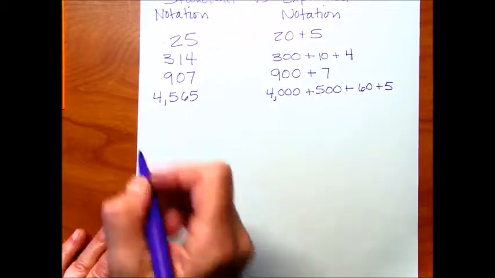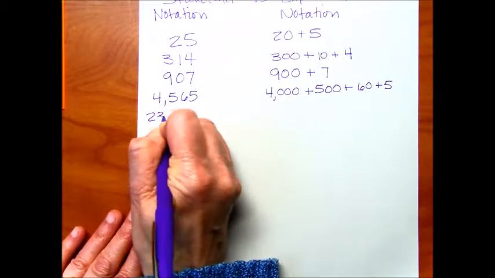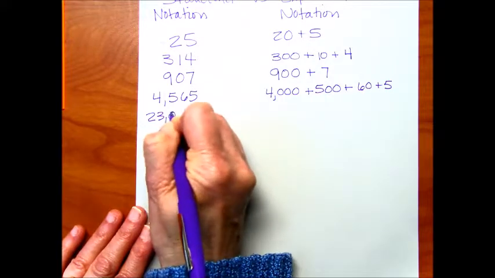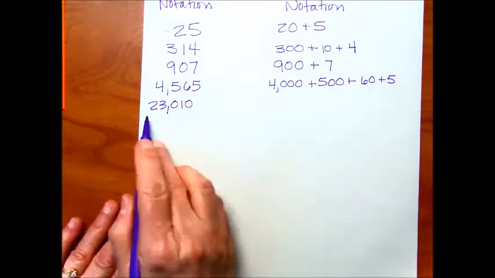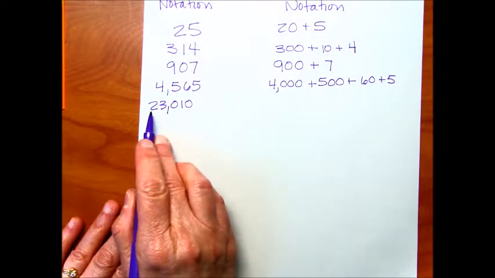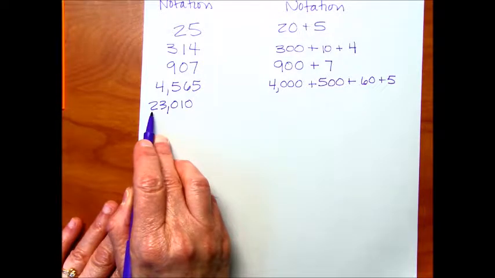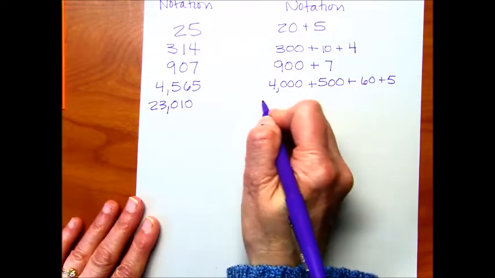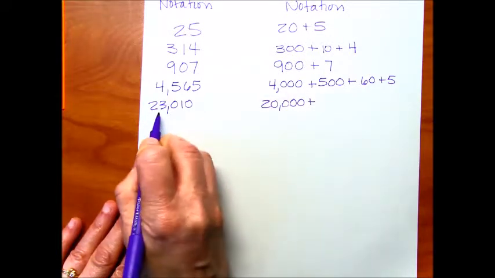Let's do one more. This is going to be a 5-digit number, 23,010. So instead of writing 23,000, I'm going to write 20,000. This is in the 10,000s place. Now we've got the 3.